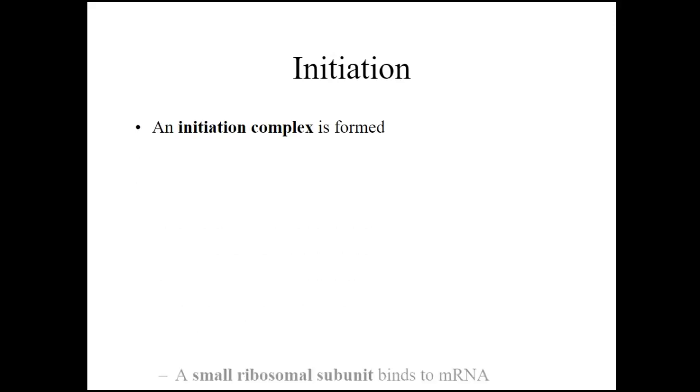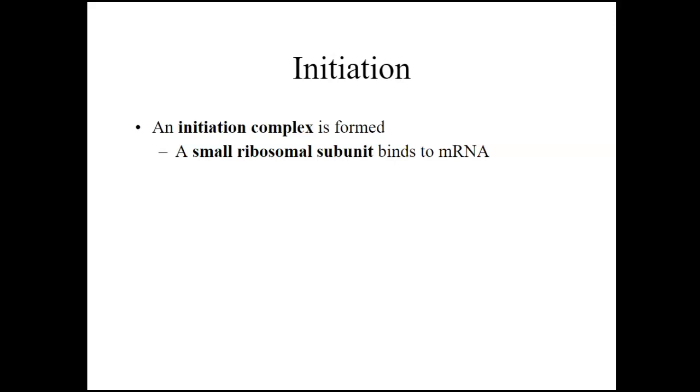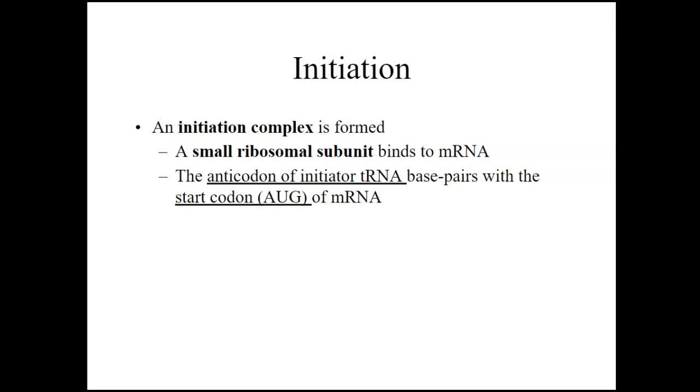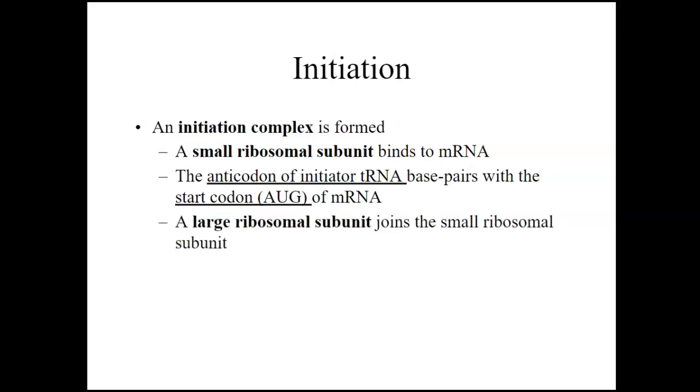So your book does talk with some detail about each of these, so we'll just remember a few ideas. So the initiation complex is the small ribosomal unit binding to messenger RNA, and then the large subunit comes in during initiation as well. Start codon, AUG, my favorite month, and it is my birthday month. So that's initiation.